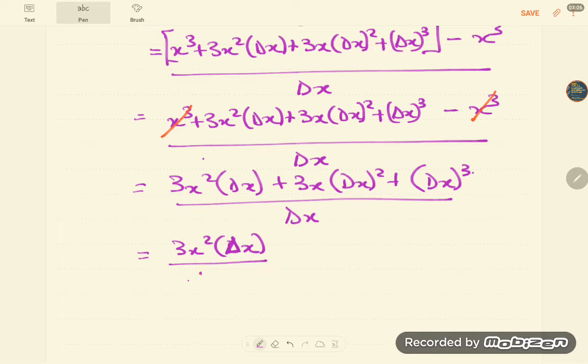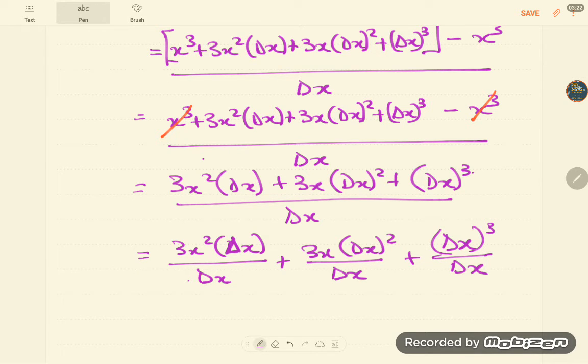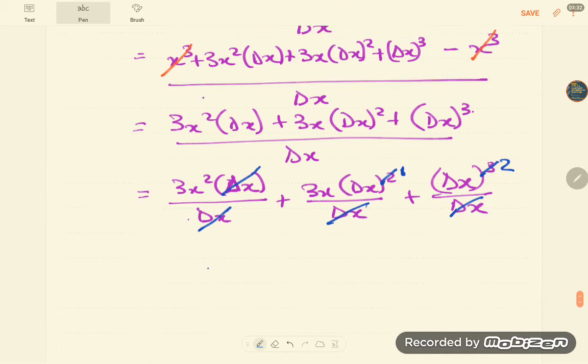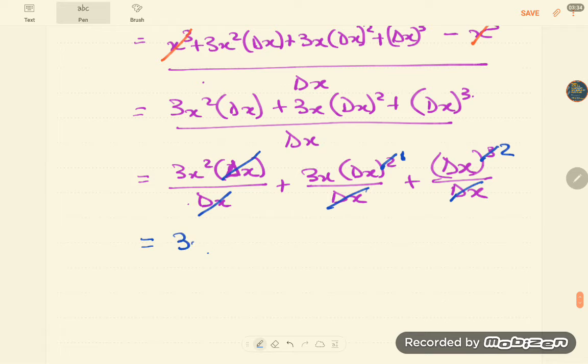This is 3x squared delta x over delta x plus 3x delta x squared over delta x plus delta x cubed over delta x. And then from here, let's change colors. We divide this and this, and then this will just become a 1. This, and then this will just become a 2. So our final solution here will be 3x squared plus 3x delta x plus delta x squared.